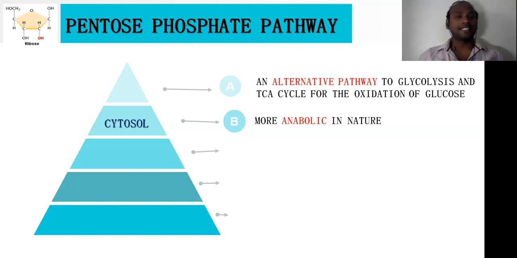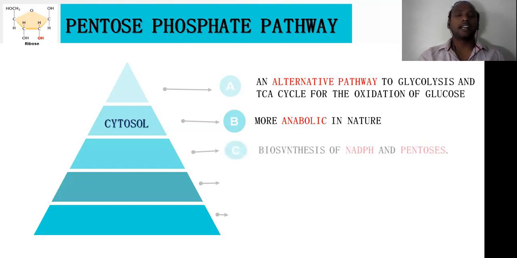Where exactly does it happen? This happens in the cytosol of the cells. What kinds of cells are actively involved in this pathway, I'll give examples in the coming points, but remember that this operates in the cytosol.